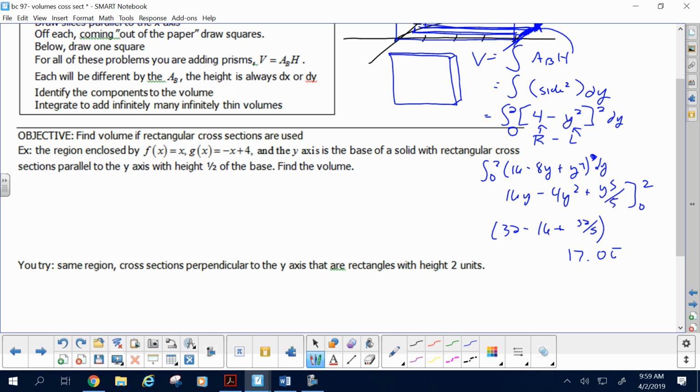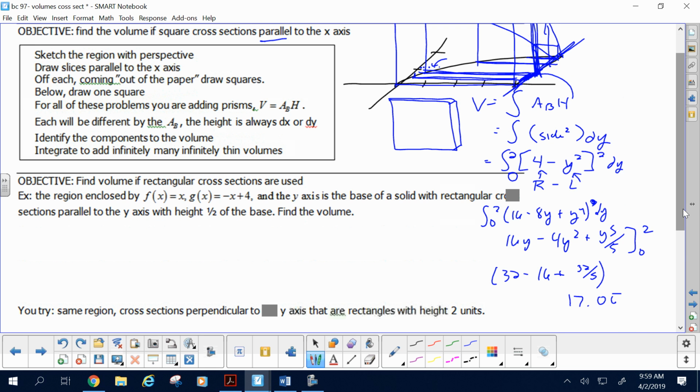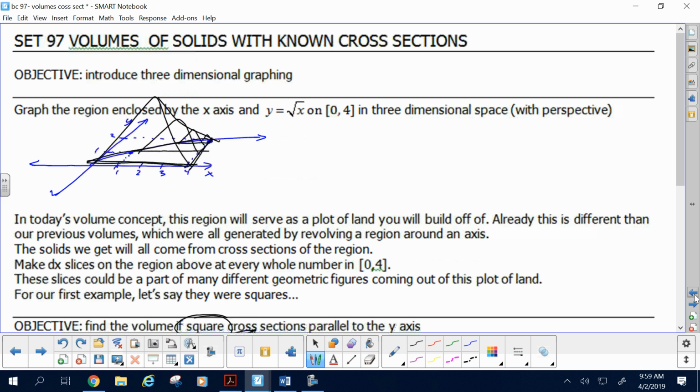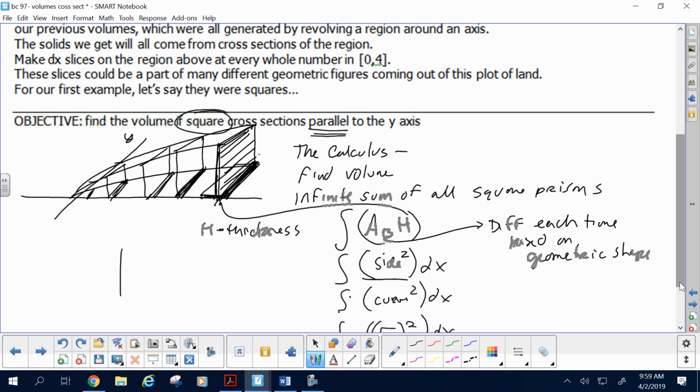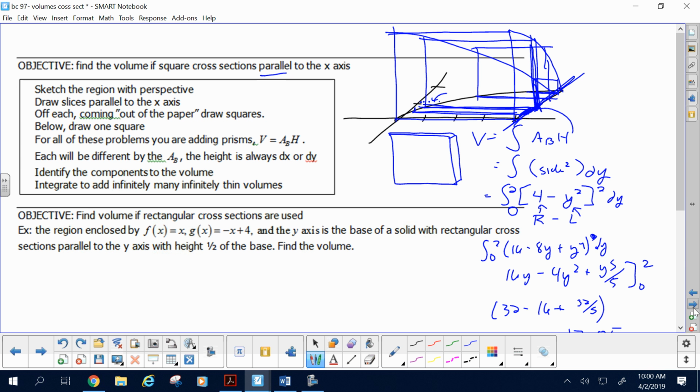Is it a problem that that's different? The volume is not the same as what we just got. Is that right then? Did we make a mistake? Or are they totally different shapes? Different shapes, okay? This one, the height is totally tied to the x. The x is shorter. They're not going to be the same. They will be different. Don't expect them to be the same. All right?